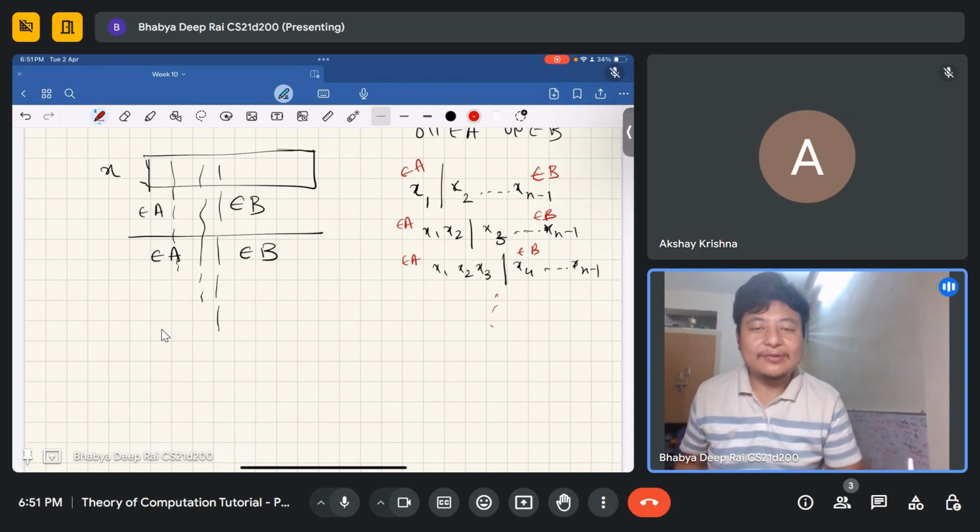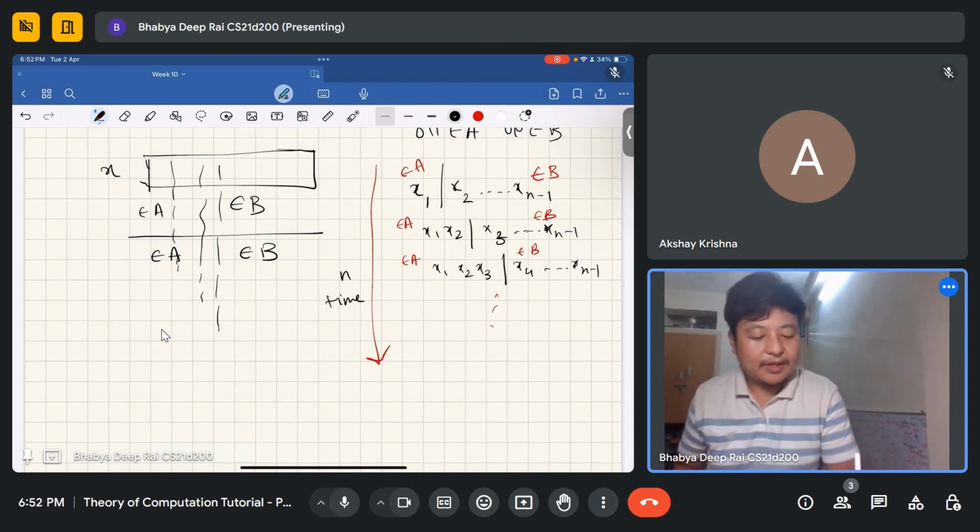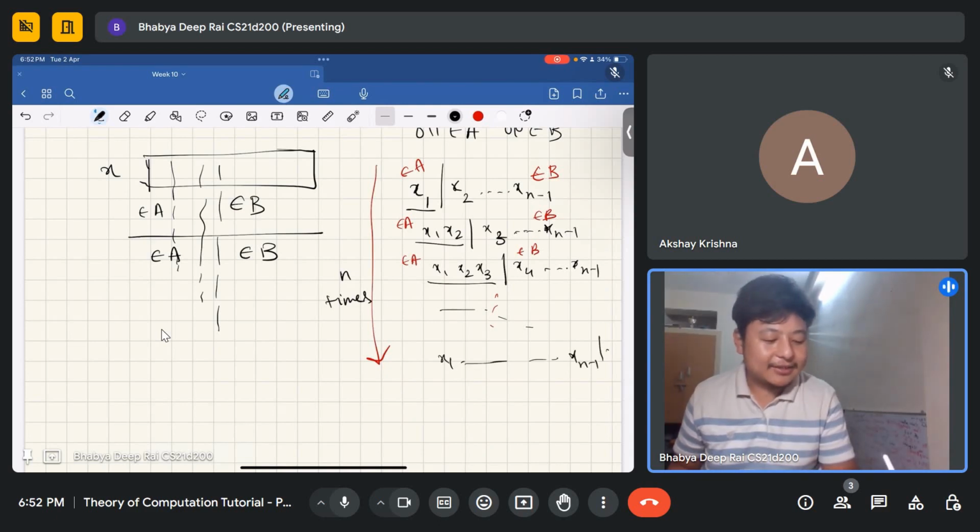But how many times do I need to do this? I need to do it only n times, right? Because first I need to check for x1, then x1 x2, then x1 x2 x3, and so on till x1 through xn minus 1. So it's not n times, it's n minus 1 times.